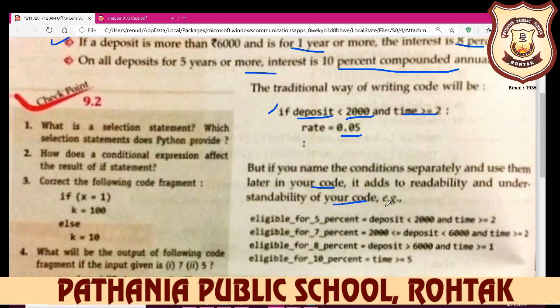For example, eligible for 5% is equal to: who is eligible for 5%? Who deposits less than 2000 and time greater than or equal to 2 years. And who is eligible for 7%?